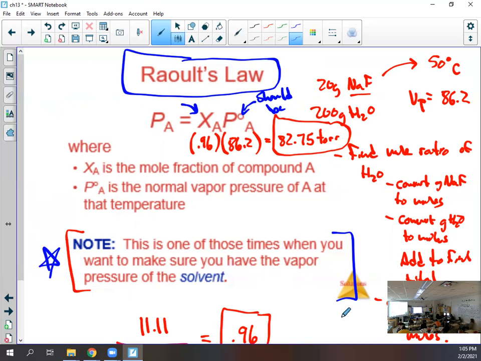It's a solid at room temperature. So we're talking about changing the boiling point of the solvent. So make sure you do this math with the solvent. Putting salt in your water makes the boiling point higher.